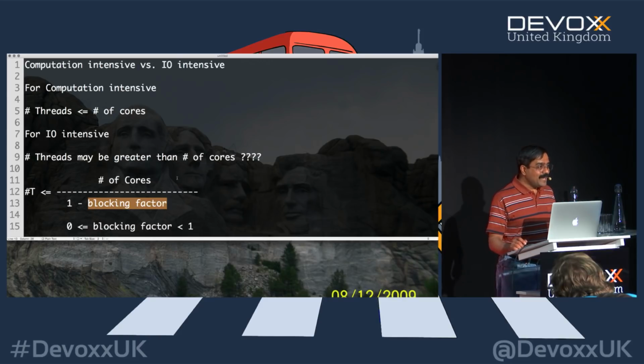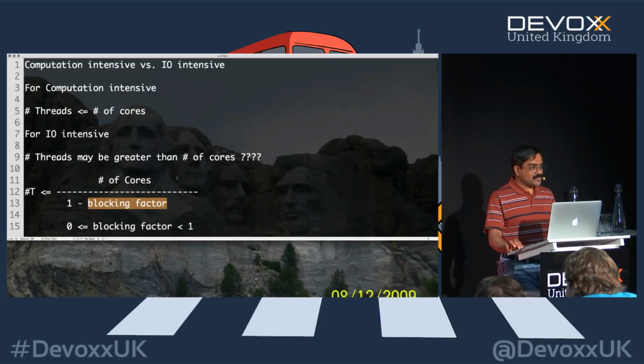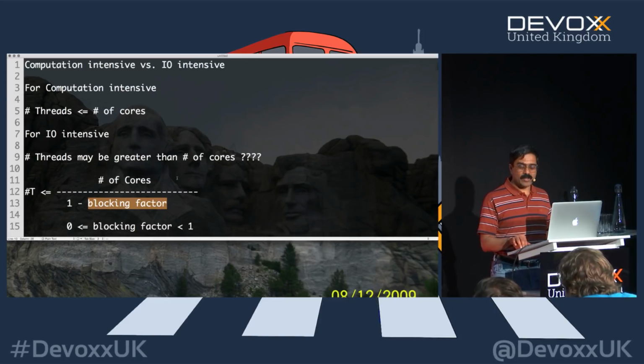If I'm doing I/O intensive, and if I'm sleeping most of the time, I could go up to 2,500 threads, not anymore. So it's very naive to think the number of threads is equal to the amount of memory we have. No, not at all. It is actually limited not by memory, it's limited by the number of CPU cores we have. So we have to be very careful how many threads we actually create.